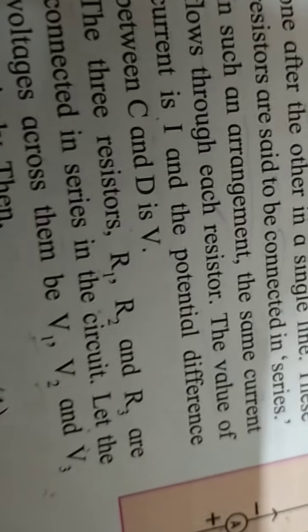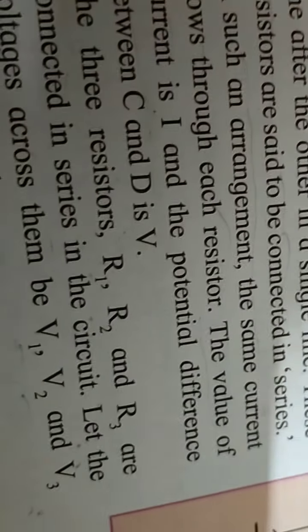So this I and this I get cancelled. So Rs is equal to R1 plus R2 plus R3. So I think you must have understood the equation of resistors in series.